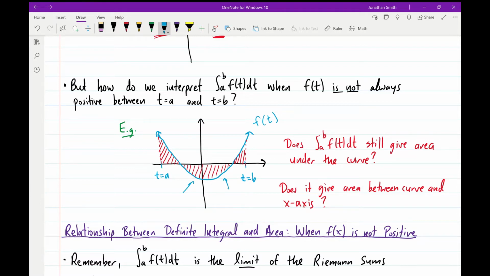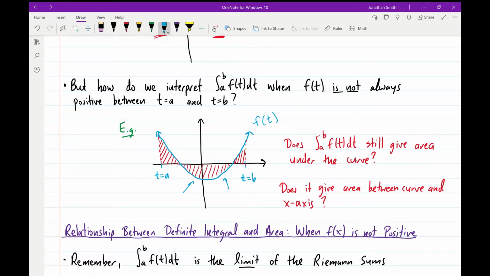So we should ask the question, does the definite integral from a to b of f of t still give us the area under the curve, or does it give us something else? Does it give the area between the curve and the x-axis instead, or does it do something entirely different?